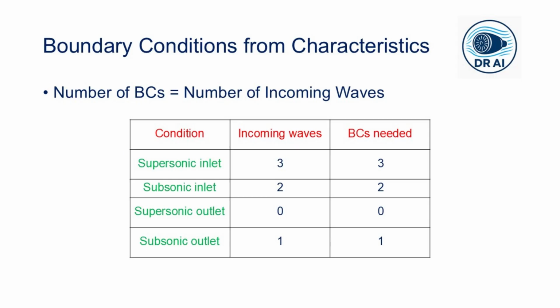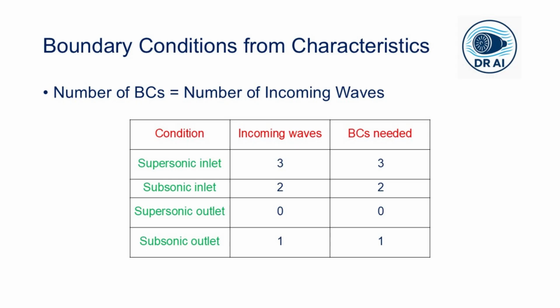For the supersonic inlet, we have three incoming waves, which means three boundary conditions are needed, for example total pressure, total temperature, and the flow angle.